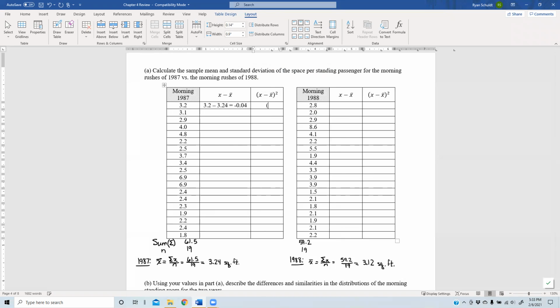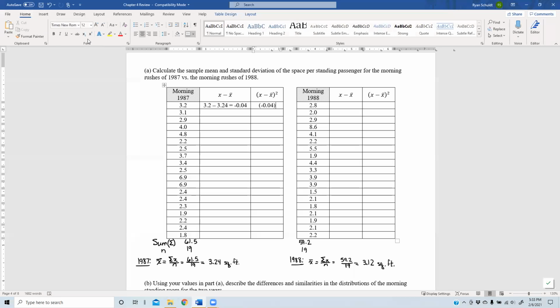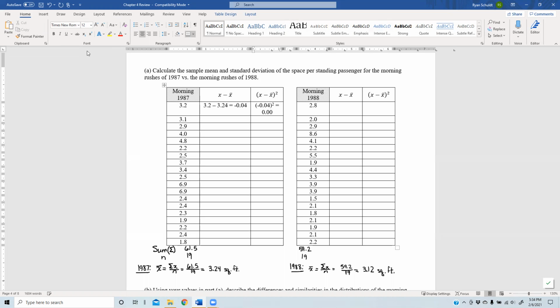Negative 0.04 squared is equal to 0.0016.